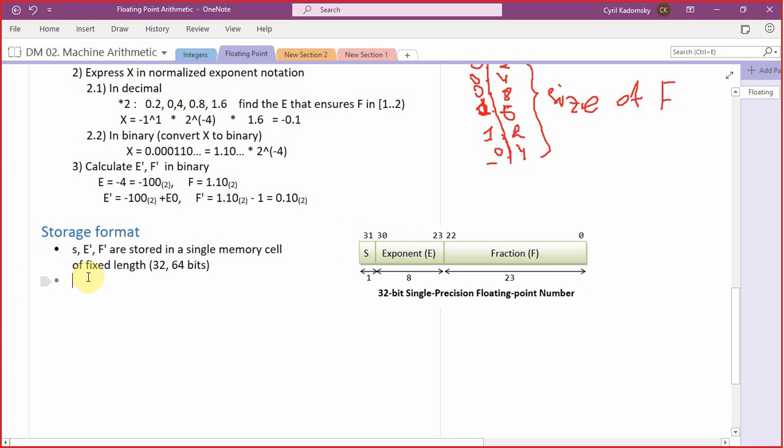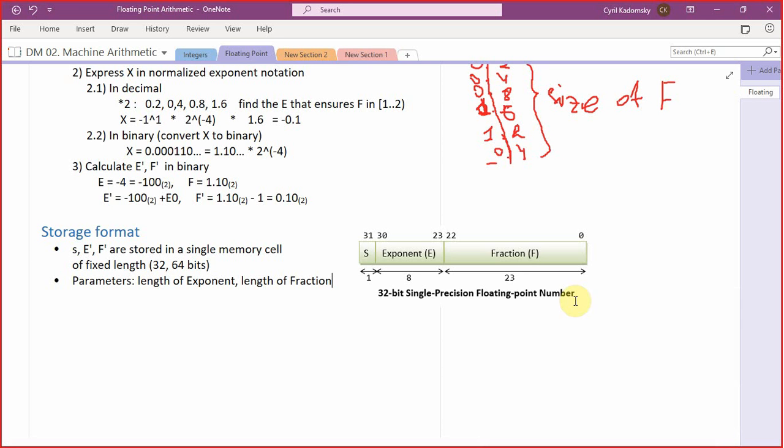Okay, so this storage format has parameters that define all the properties of storage. The parameters are actually the total length, the length of exponent, and the length of fraction.